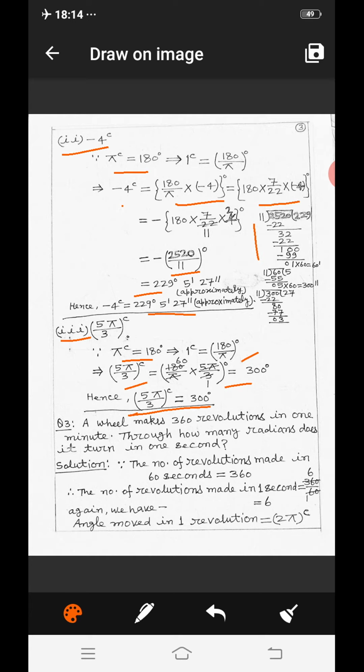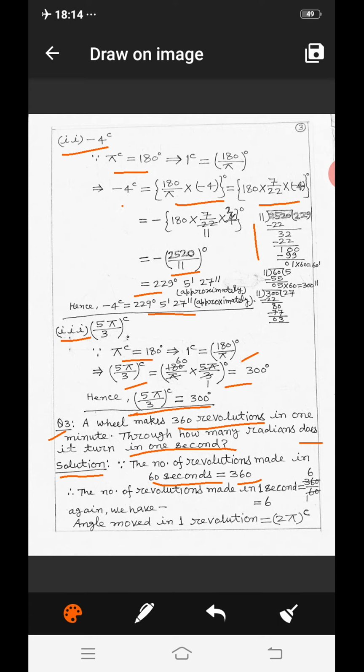Question number 3. A wheel makes 360 revolutions in 1 minute. Through how many radians does it turn in 1 second? For solution, since the number of revolutions made in 1 minute, that is 60 seconds, is equal to 360, as given in the question.